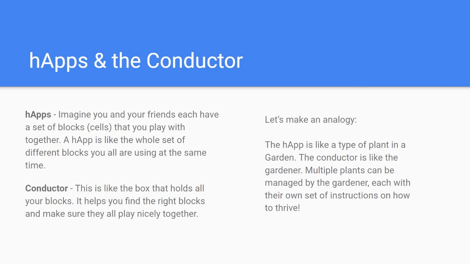So for a hApp, imagine you and your friends each have a set of blocks, cells, that you play with together. A hApp is like a whole set of different blocks you were using at the same time. The benefit of this is that each hApp can work with each other in a modular style architecture, where you can have different things interact with each other in different ways.